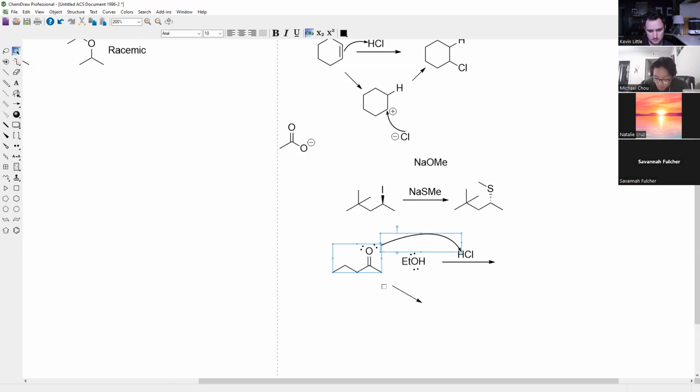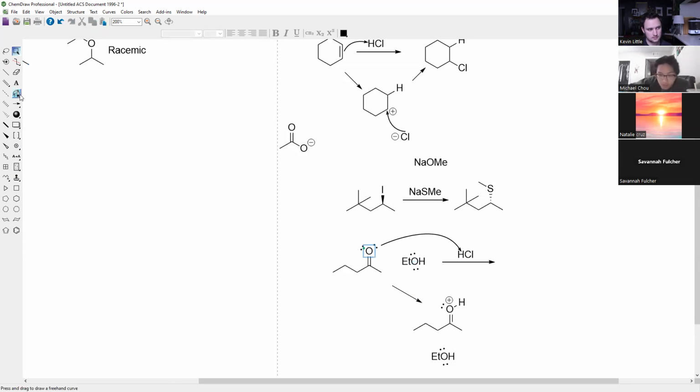So now I've protonated my electrophile. Now this thing is supercharged to be a good electrophile. Do I have a nucleophile around? Yes.